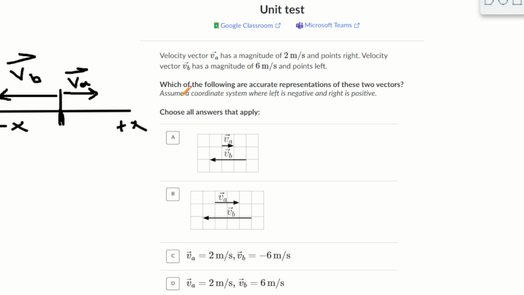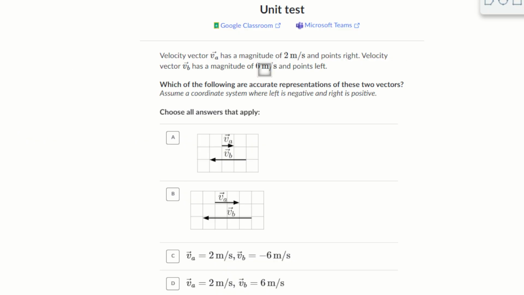And since we want to see how they look, we can go by the point values. We can go like 1, 1, and then 1, 2, 3, 4, 5, 6, right? So this would be 1, 2, this would be 1, 2, 3. Or another way we can do it is by using these little boxes. If each box represents 1, or it has to be a constant value, then we can find the correct magnitude of the vector.